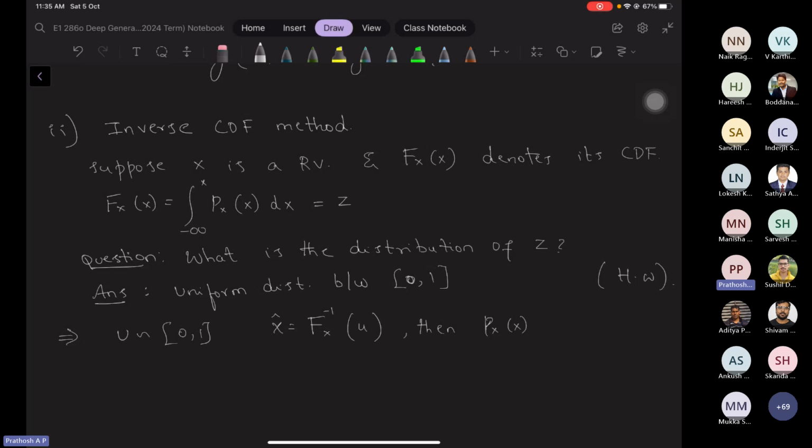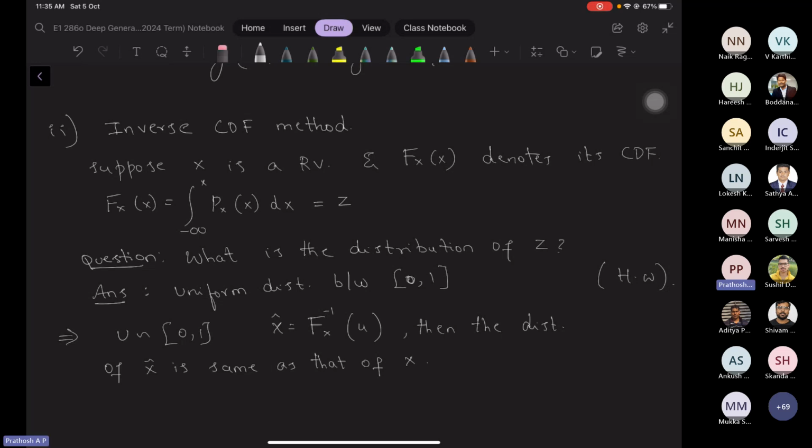Then the distribution of x cap is the same as that of x. That is the idea.